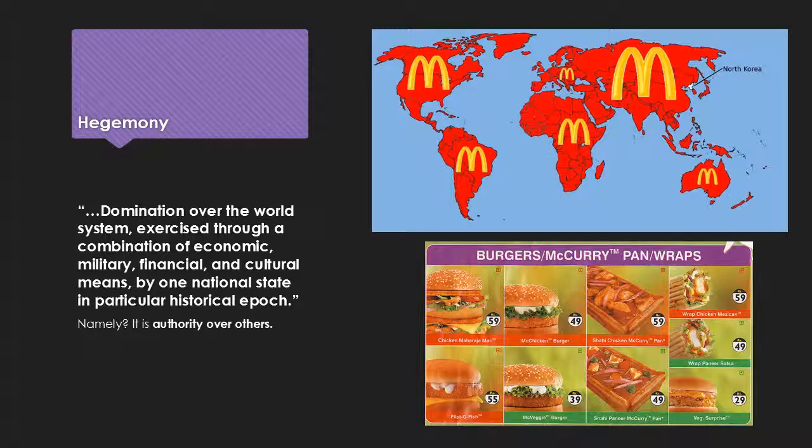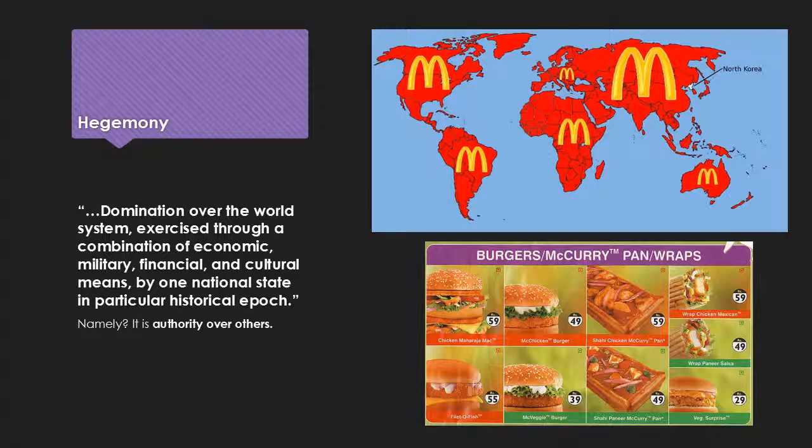It's kind of a silly example, but the United States definitely has a hegemonic position on fast food restaurants. As you see in the picture, McDonald's is literally everywhere. I think the only place it shows in the map that it's not is North Korea. But we can see that McDonald's has made a shift from being just in the United States to extending its world power into all different nations.